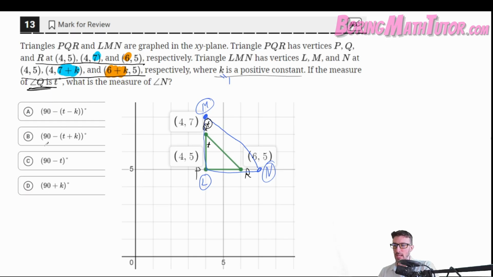But that means that angle N, which is the one that they're asking about, would be 90 minus t. That's all you've got to do. It was a little bit difficult to keep track of this, but just with a simple sketch and by plugging in a number for K, we were able to get it done.